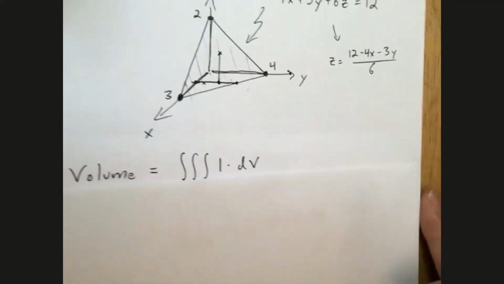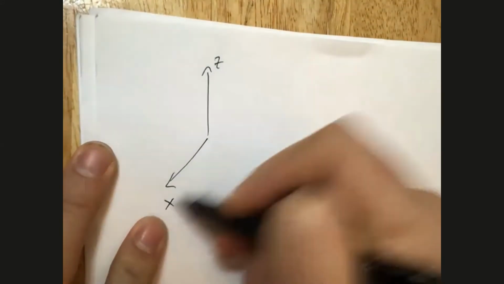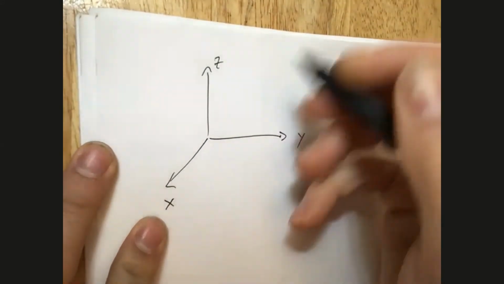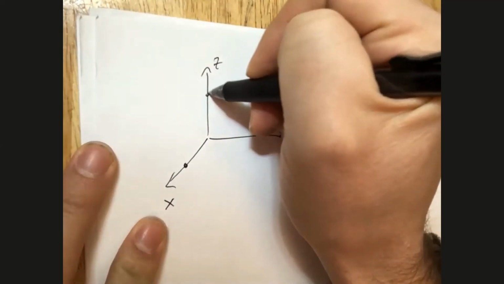So, where are we here? Let me redraw the picture. Let's just start again. So we got z, x, and y. We know we intersected here at 3, 4, and 2.